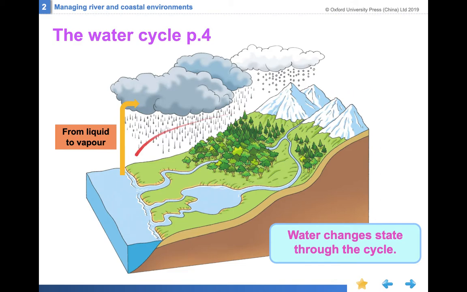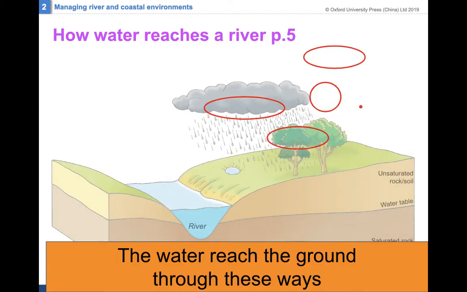So we could see they can actually change from the liquid to the water vapor, or from the vapor back to the liquid or soil.